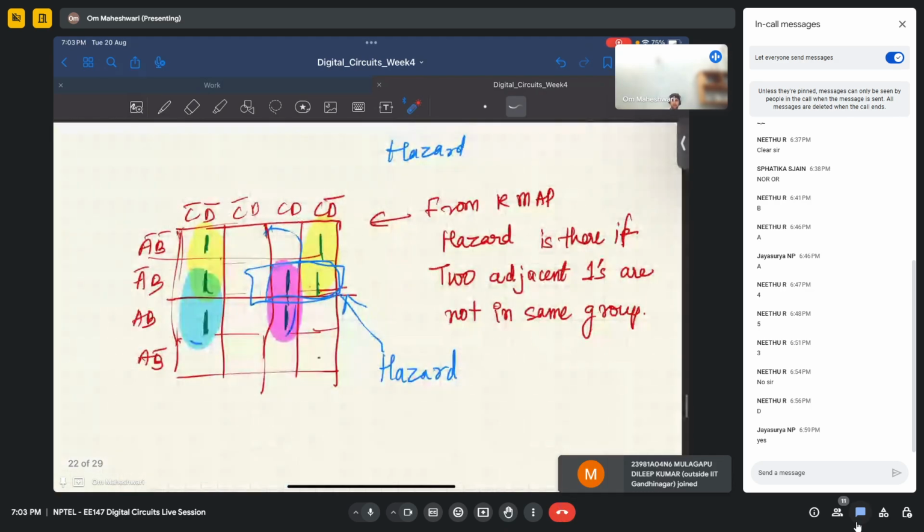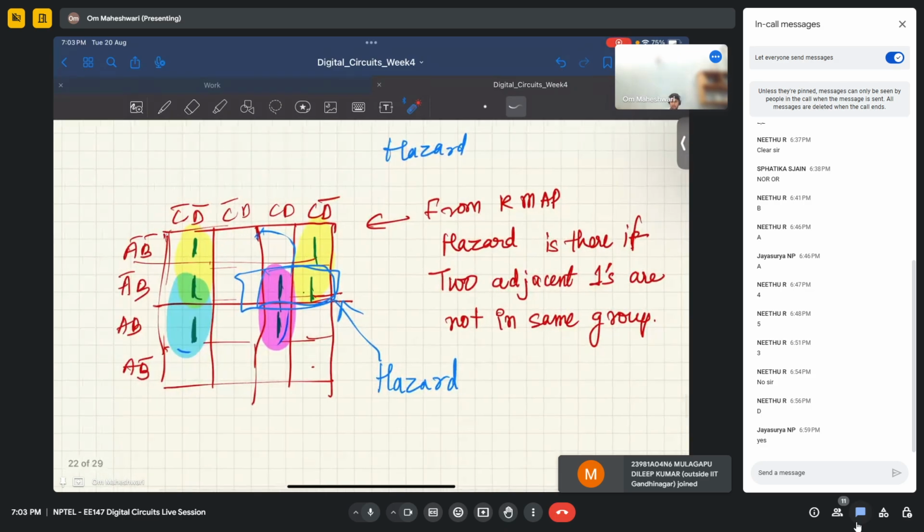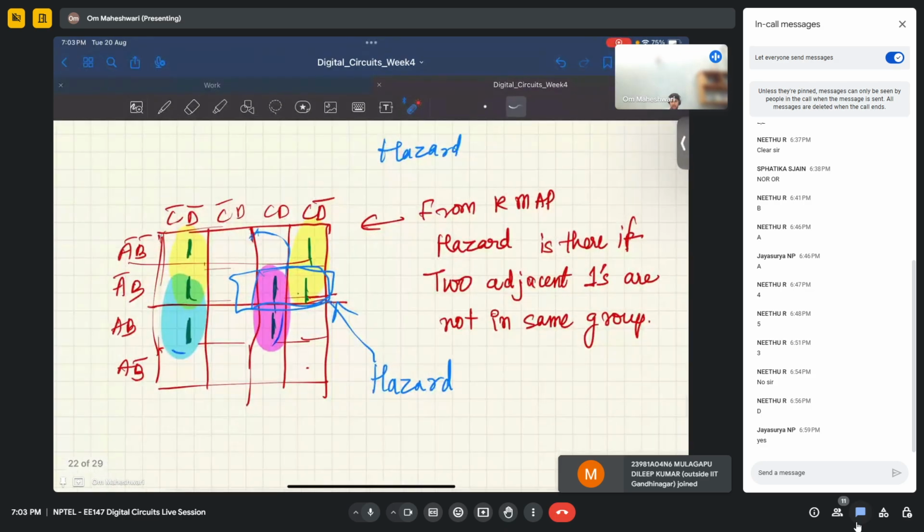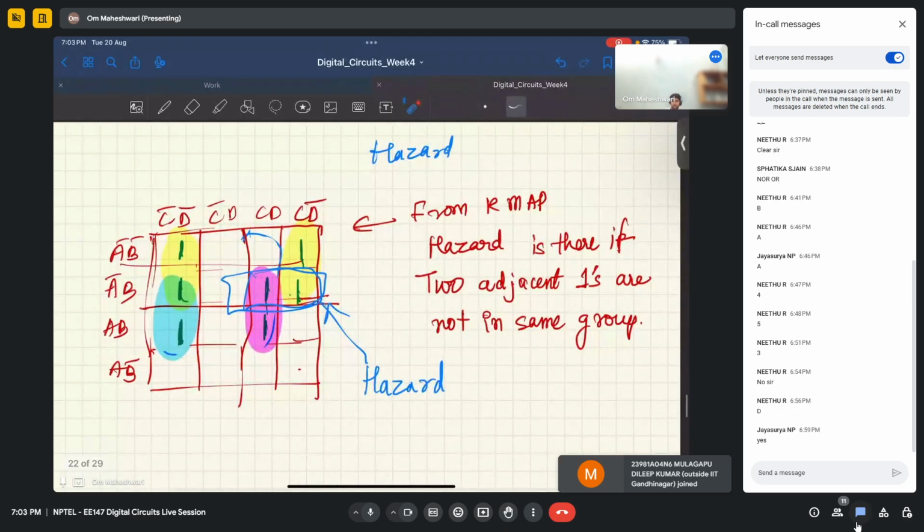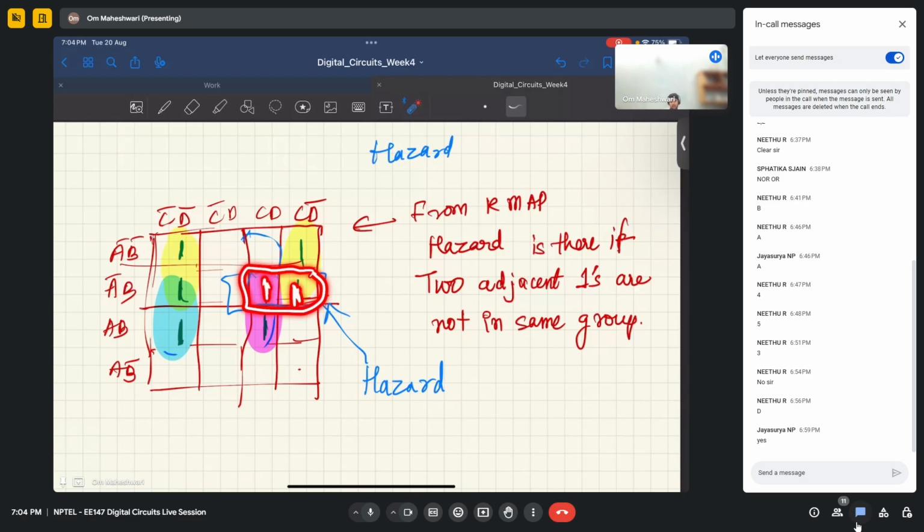If you remember, in one of the videos we talked about how we can identify hazards from K-map, right? A hazard may occur when two adjacent ones are not in the same group. Then it may cause a hazard.